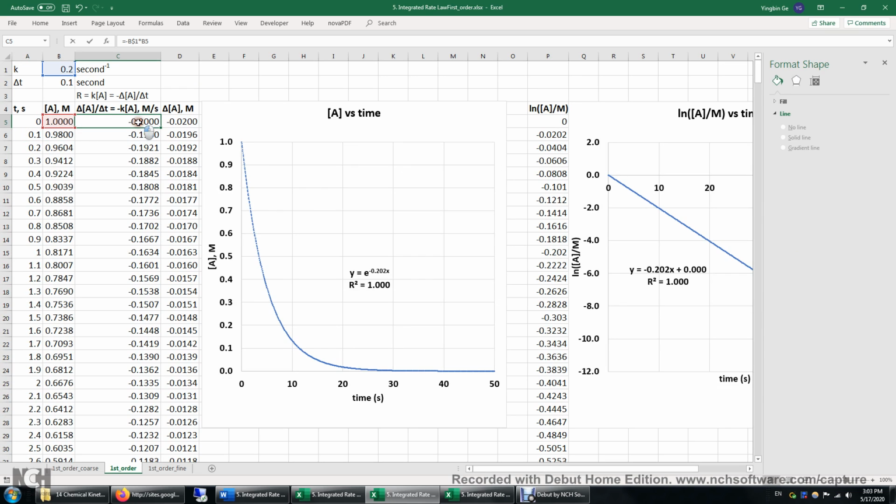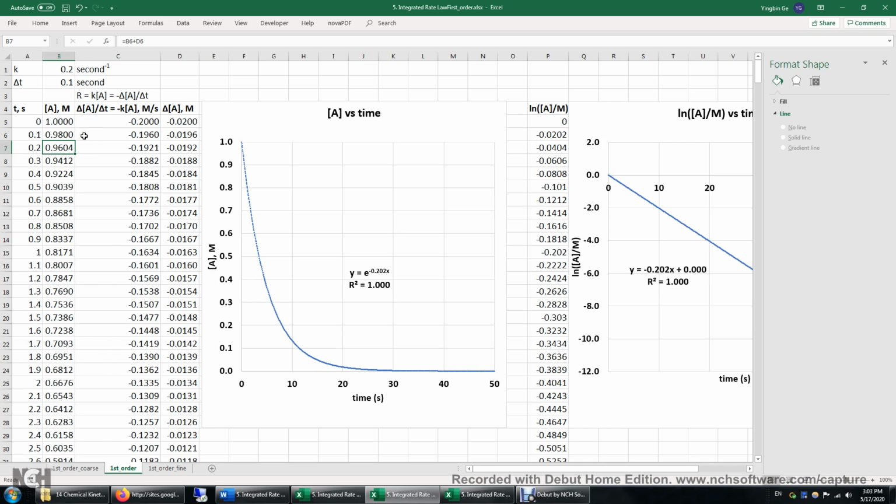But we do the equation just the same. So over here, this is just negative K times the concentration of A. And over here, that's the rate multiplied by this 0.1 second. And then over here, 0.98 is the initial concentration plus the change. The change is negative, therefore we get 0.98.